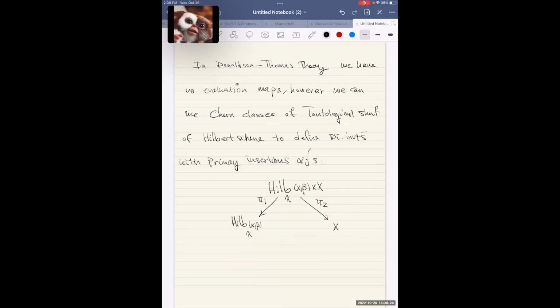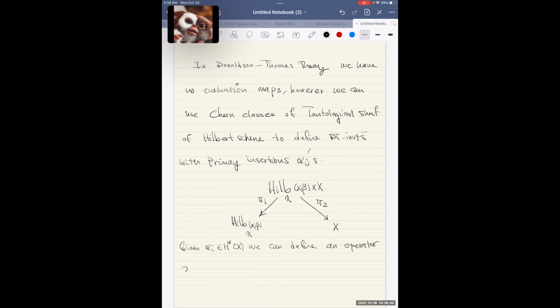So given alpha_i in the cohomology of X, we can define an operator the following way.